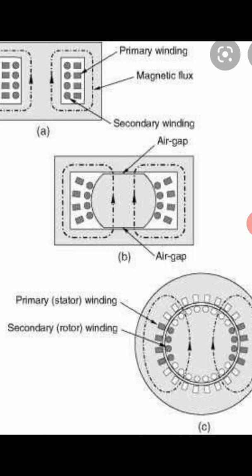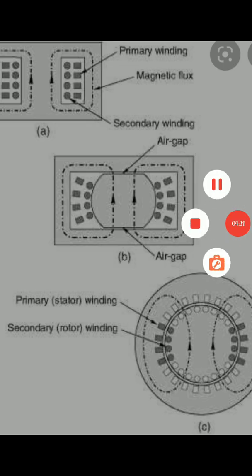But for the induction motor, the rotor induced voltage also depends upon the slip, as the frequency does. It is given by the slip times the rotor induced voltage at standstill condition. This is the difference between the induction motor and the transformer.